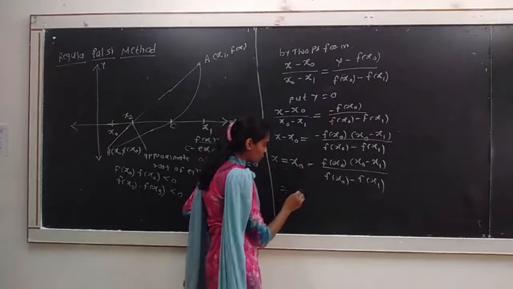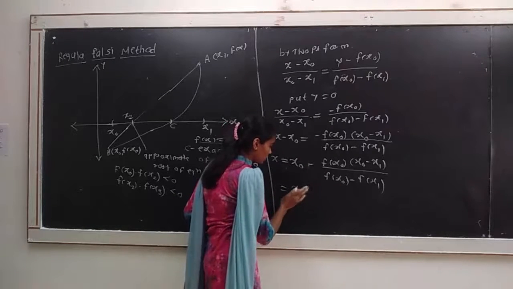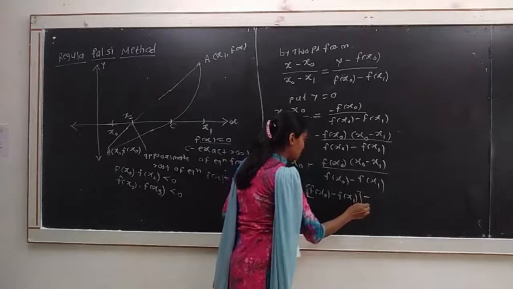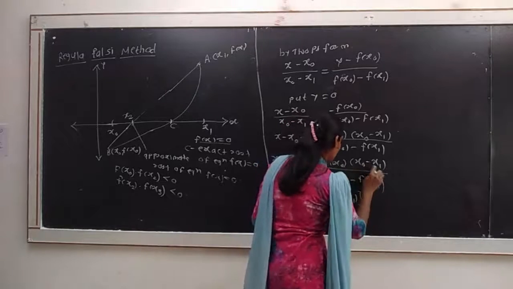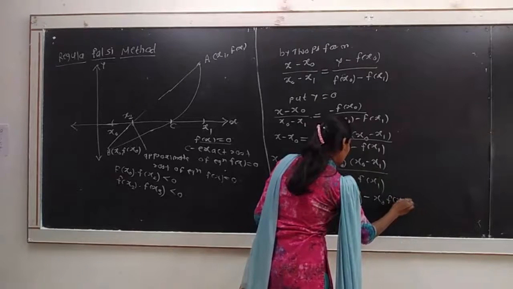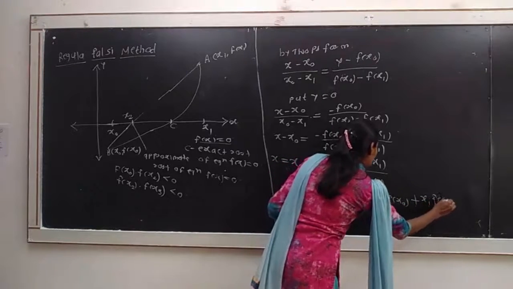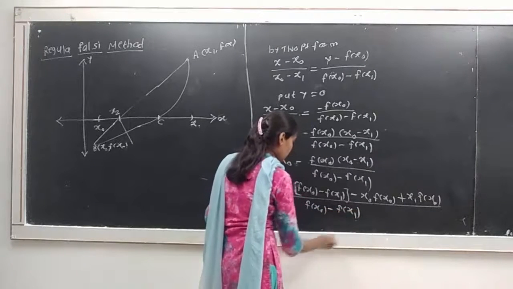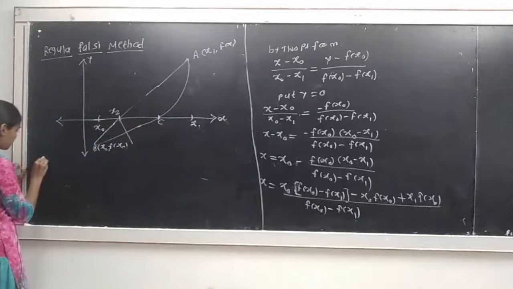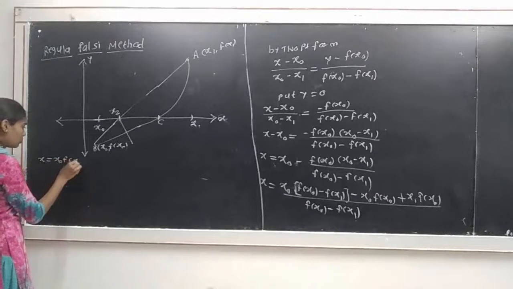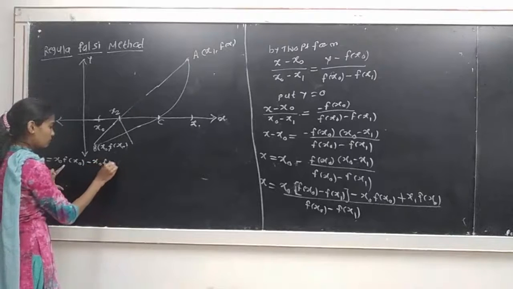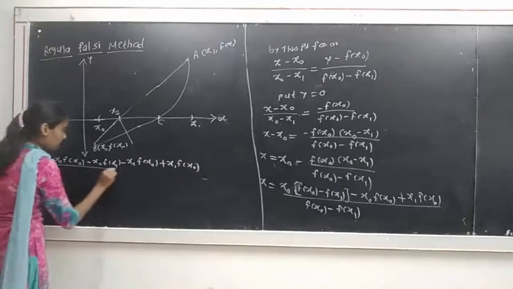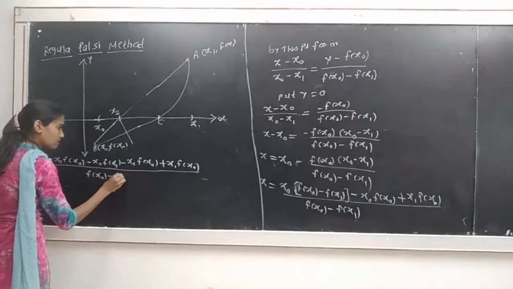Taking cross multiplication, we get x0 into f of x0 minus f of x1, minus x0 into f of x0, plus x1 into f of x0, divided by f of x0 minus f of x1. Simplifying the brackets, we get x is equal to x0 f of x0 minus x0 f of x1 minus x0 f of x0 plus x1 f of x0, divided by f of x0 minus f of x1.